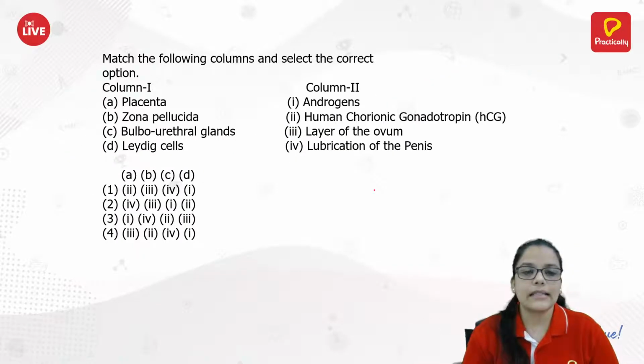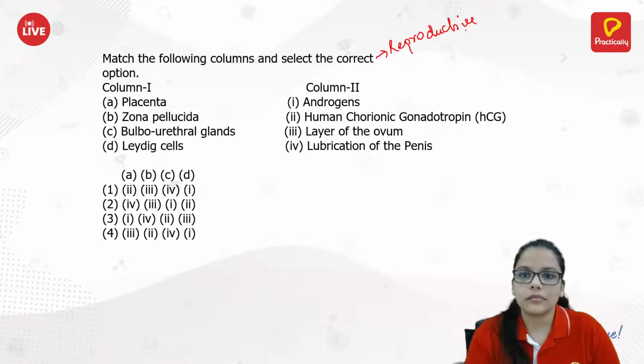Okay, next, another one. We are talking here about the reproductive organs. Okay, so placenta, androgens, placenta, zona pellucida, bulbourethral glands, and Leydig cells. Then there is androgens, HCG, layer of ovum, lubrication of penis.